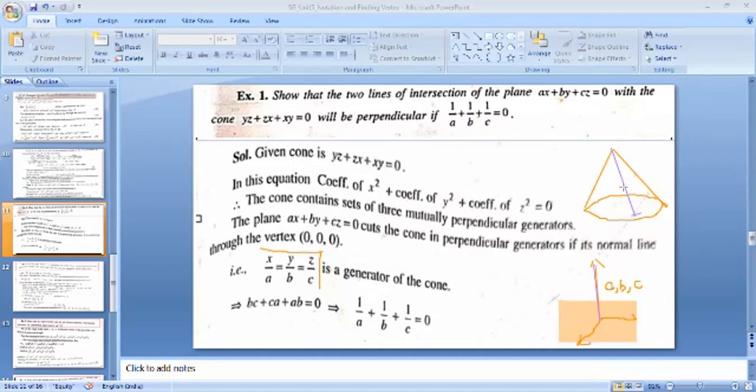So YZ plus ZX plus XY equal to 0 becomes BC plus CA plus AB equal to 0. Dividing that by ABC, automatically we get the condition. Hope that is clear.